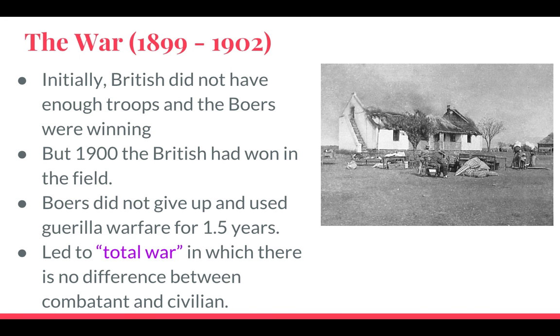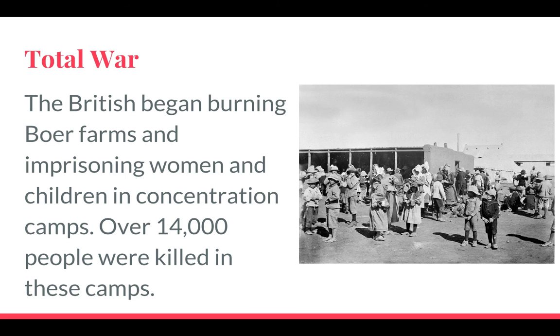And this also leads to concentration camps. The British began imprisoning both women and children in concentration camps. And actually, there's probably upwards of 26,000 women and children who die as a result of this.